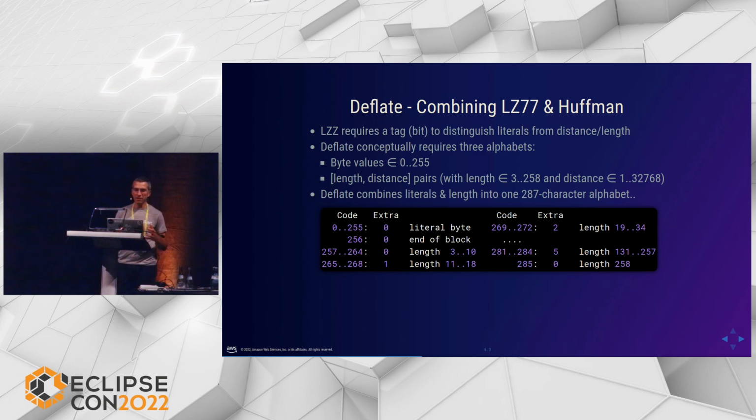The first 256 characters represent the literal bytes. Then 256 represents end of block, and the other characters are used to represent a length. So the codes 257 to 264 represent the lengths 3 to 10.